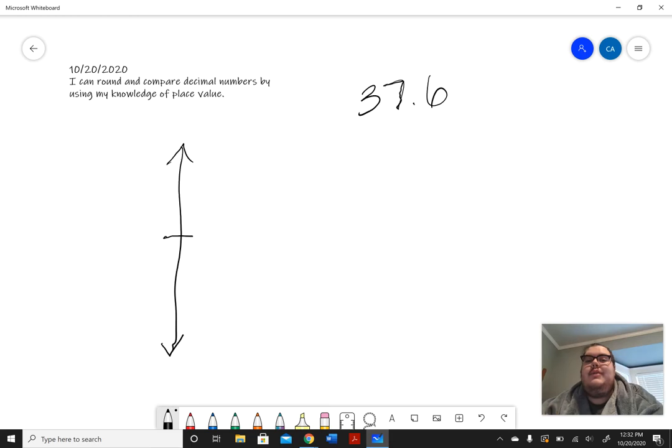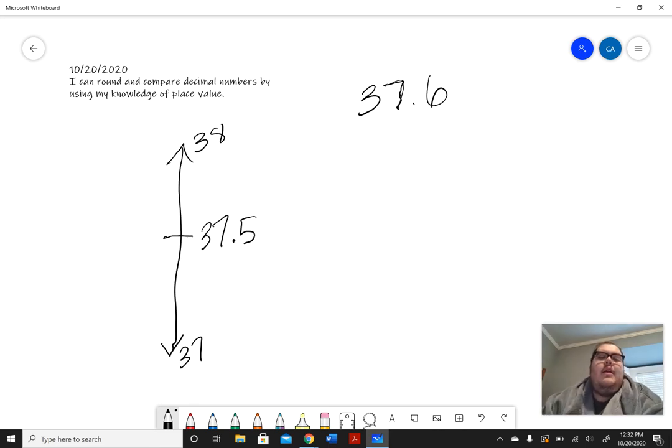So the way we can do this is to think about our midpoint. We know that in between 37 and 38, there are 10 tenths, and we have 6 of them. So if 10 tenths is what we have, then 5 tenths is going to be our midpoint. Our midpoint is 37 and 5 tenths.